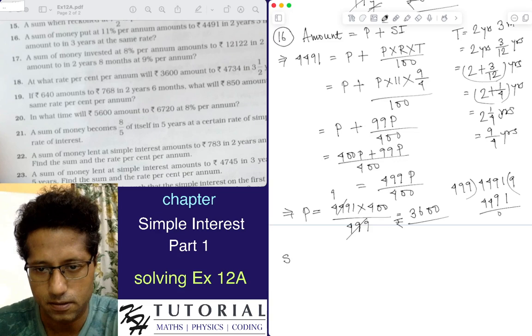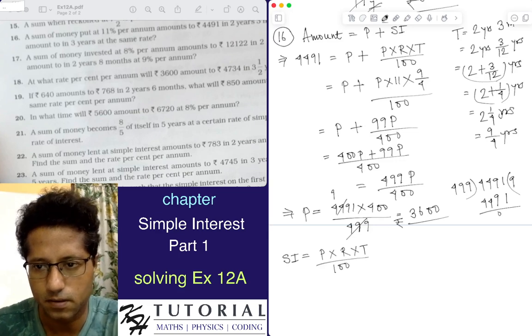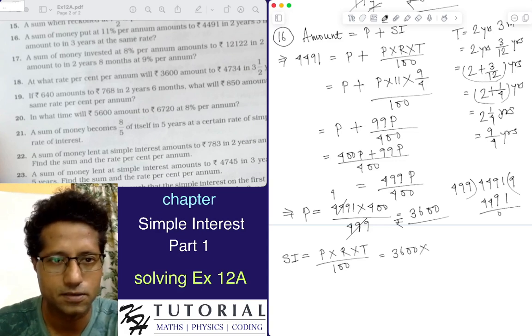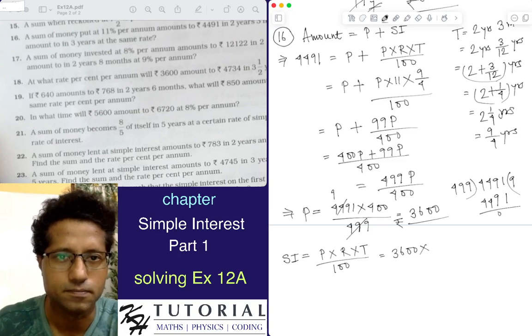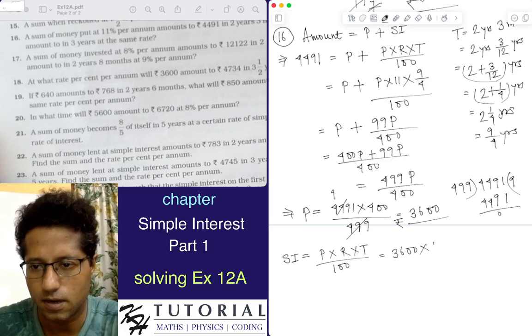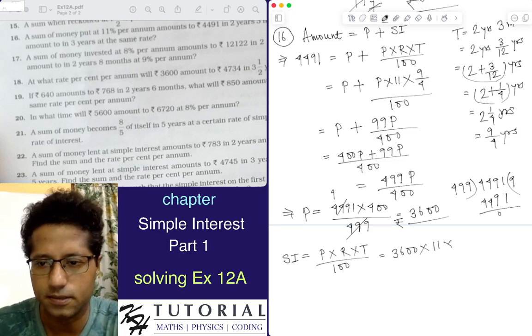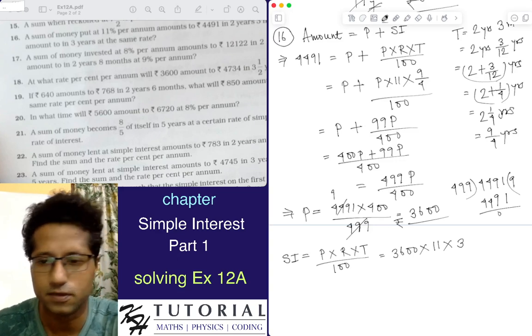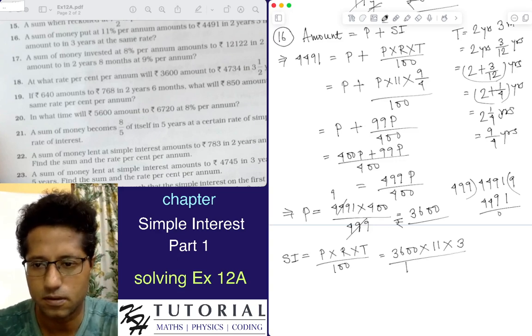So simple interest will be P into R into T divided by 100. Now P we know, as we have found already, to be 3600. R is the same rate, so R will be 11, and T is given to be 3, divided by 100.